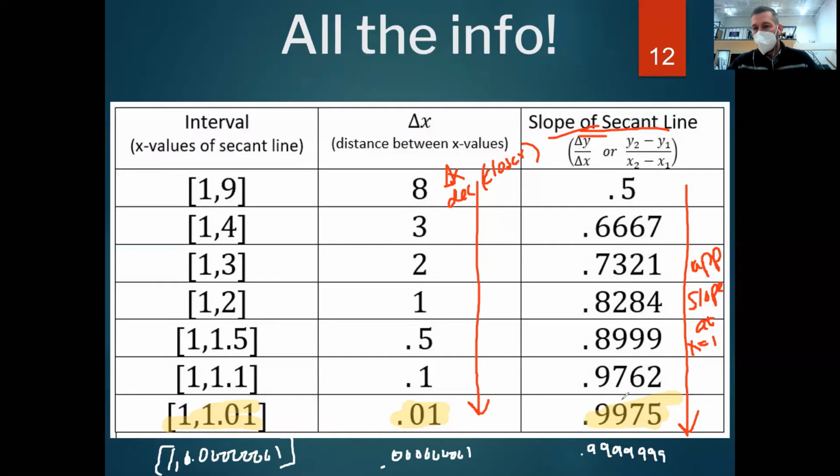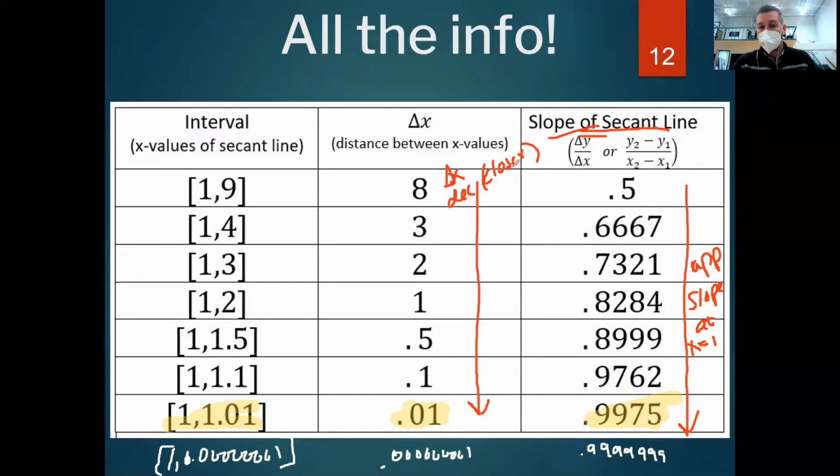So what do I want you to know? Secant lines can be used to find the tangent line or approximate it if those secant lines have points that are very close together. So this would be my approximation method. I would say something along the lines of, as our distance between our x values decreases, our slope approaches the slope of the tangent line.